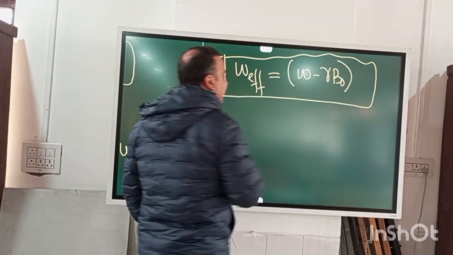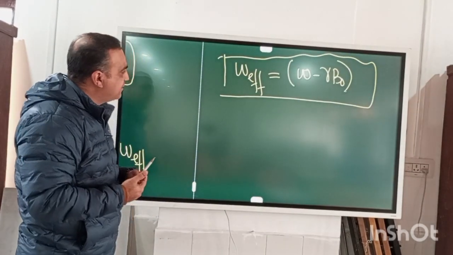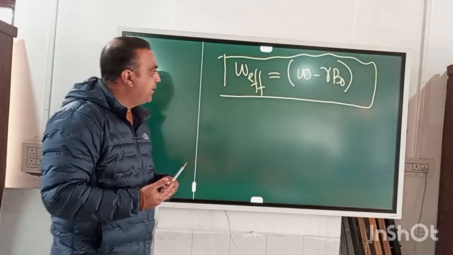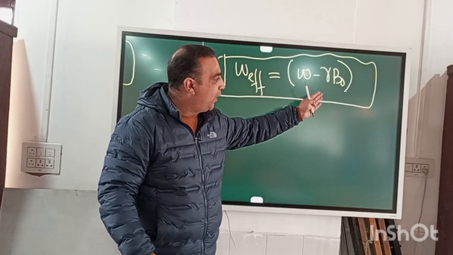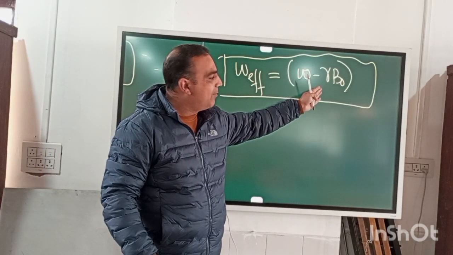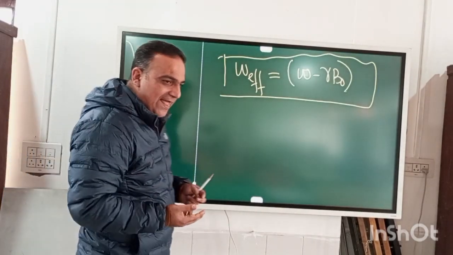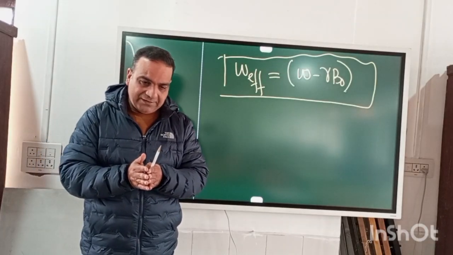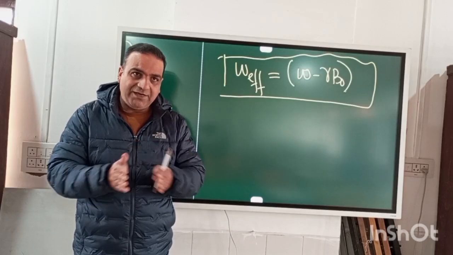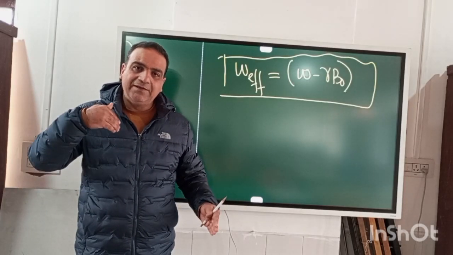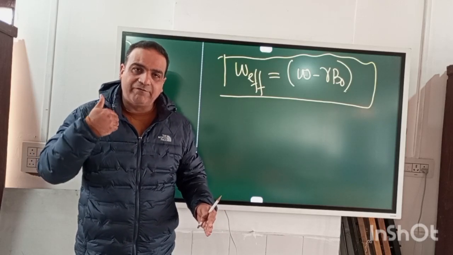And what we observe here is that in a rotating frame of reference, the spin of this electron has an effective oscillation, and that effective oscillation boils down to omega minus gamma b naught, revealing that there are effective oscillations carried out by the system when we take into consideration the rotating frame of reference.